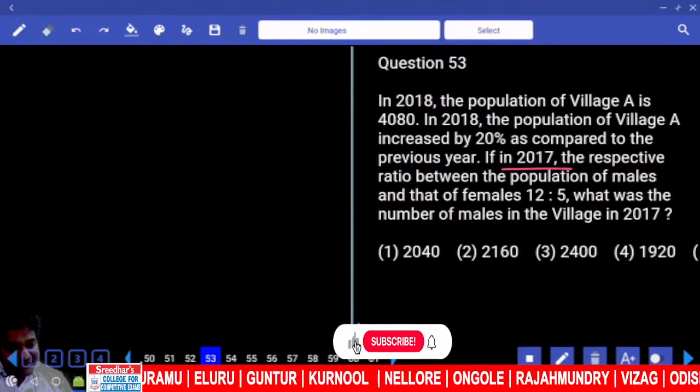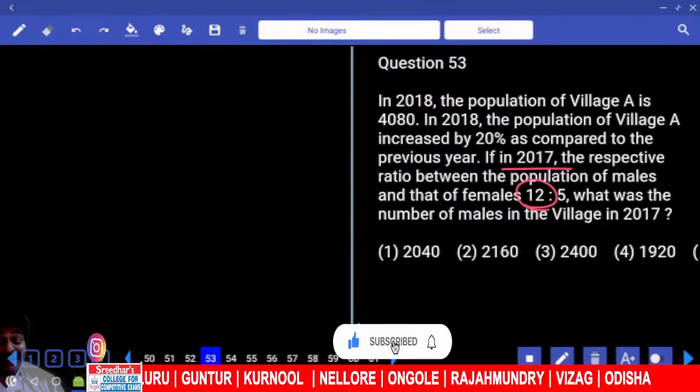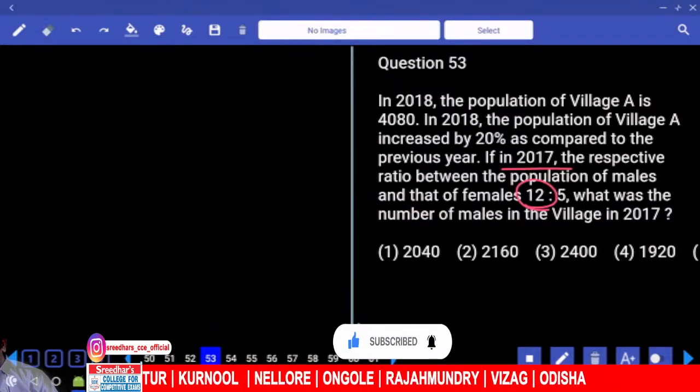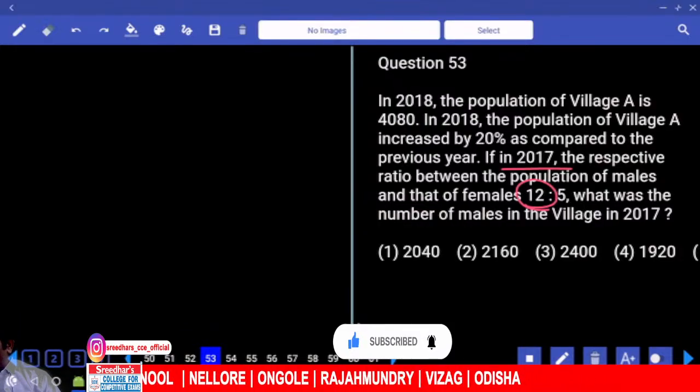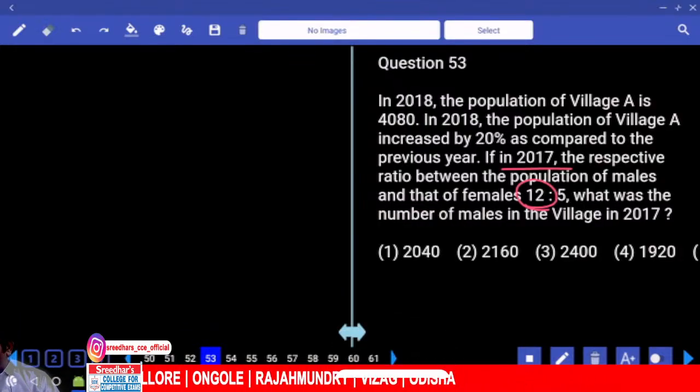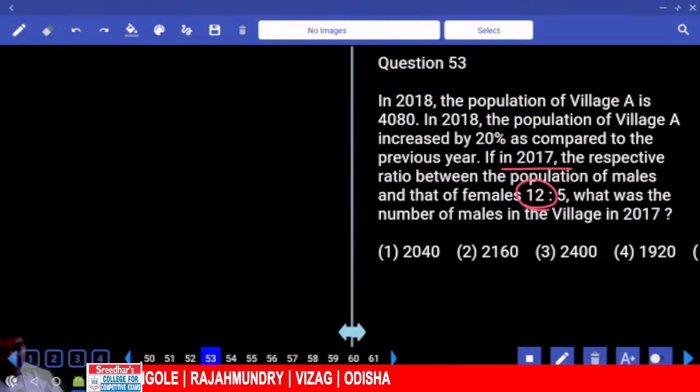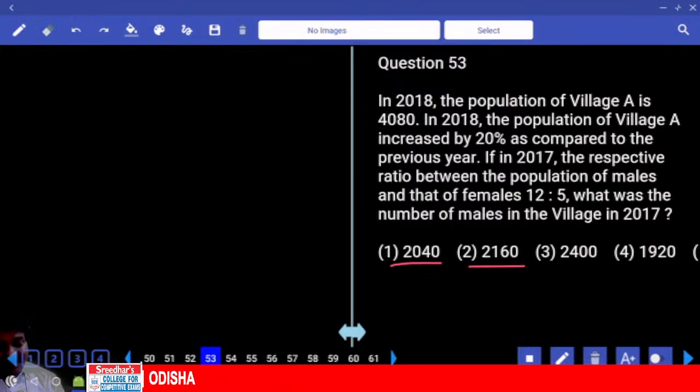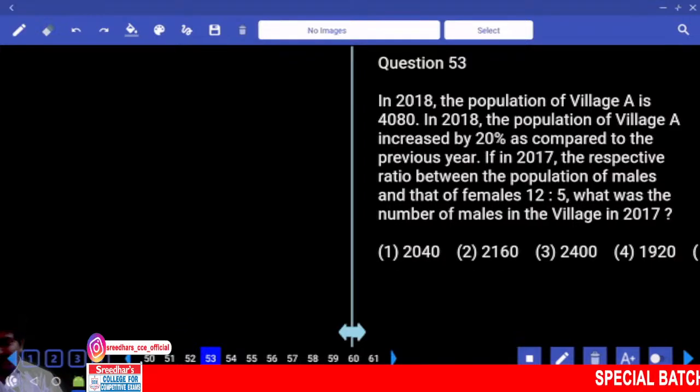In 2017, how many parts of male are there? Should be a multiple of 12. Multiple of 12 in the sense it should be a 3 multiple and 4 multiple, correct? First option, is it a 3 multiple? Is it a 4 multiple? Yes, possible. Second option, is it a 3 multiple? Is it a 4 multiple? Multiple options are there, so we have to calculate.